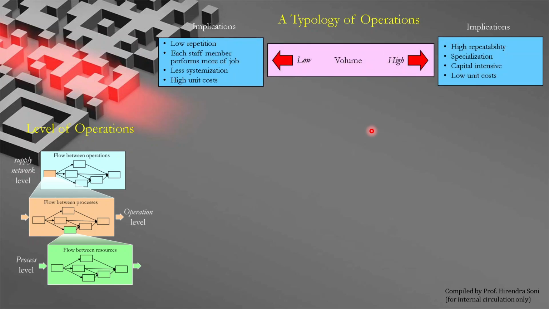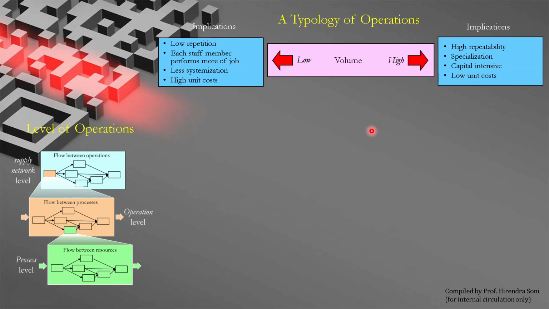Operations basically takes different shapes depending upon the volume that operations has to deal with. If the volume required is high, then the operations or the processes that we define should be highly repeatable, should be specialized, they will be capital intensive, and the per unit cost would be low.